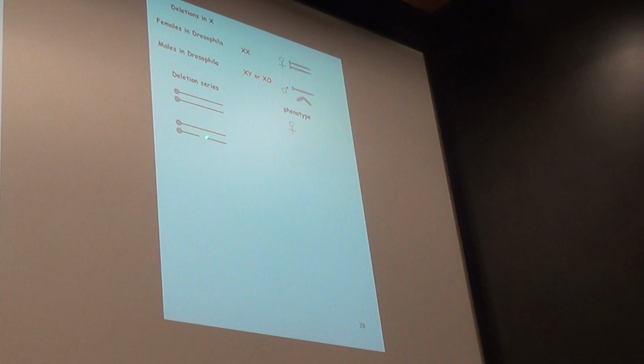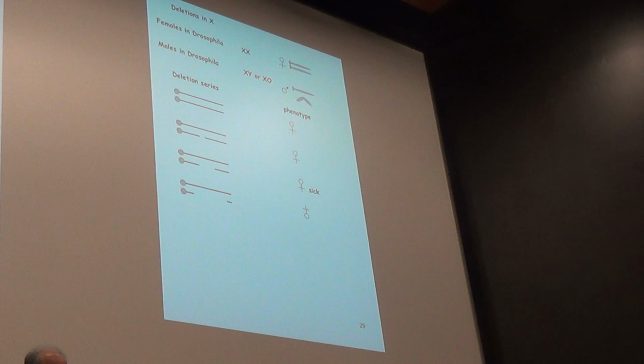If you have a small deletion, you're happy and you're still a female. If you have a large deletion, you're a sick female because it's a very large deletion. It's a heterozygous individual, right? You're deleting only one segment of one chromosome of the homologous pair. If you have a very large deletion, you're dead.